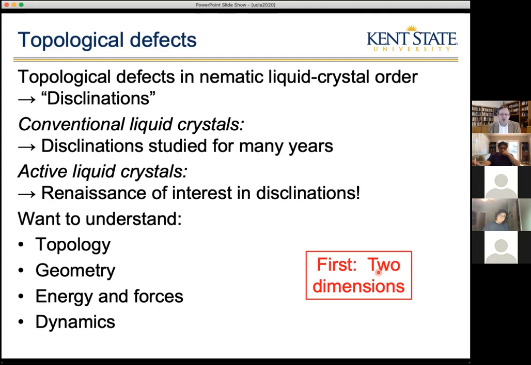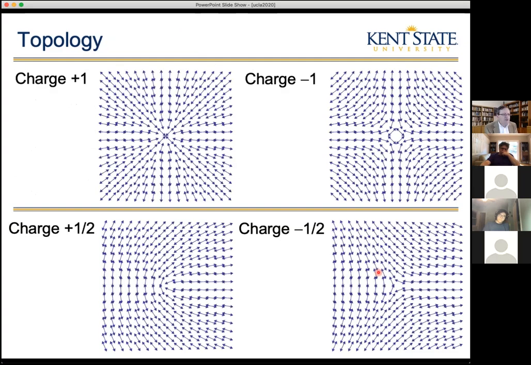And I'm going to start in 2 dimensions and go through the whole story in 2D and then repeat in 3D. Okay, so first for 2 dimensions, all right, here's my picture of sample defect structures in 2D, okay?